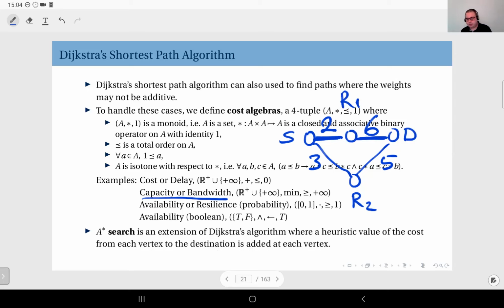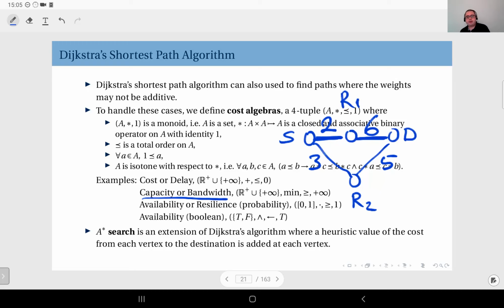Because even if you do have an edge of capacity 6 here, your communication is going to go through this edge, this connection from source to relay 1, and that has a capacity of 2. So you will not be able to make use of that capacity of 6 in the next hop.